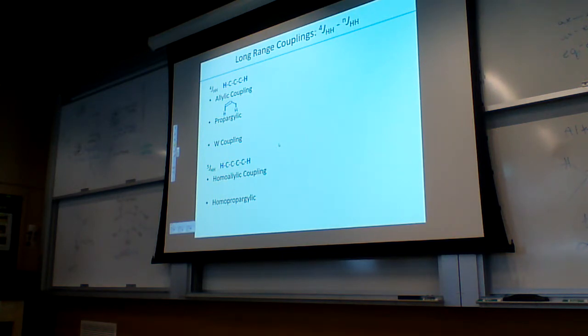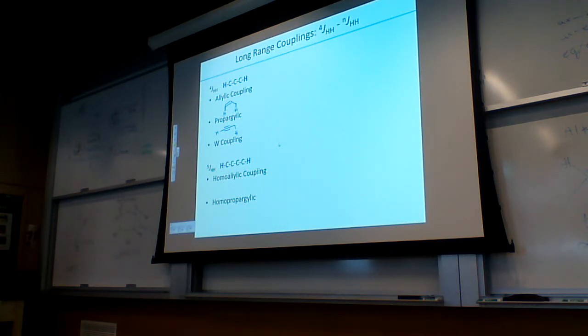So this would be coupling between a proton on a carbon of an alkene to the allylic hydrogen. Propargylic, similar, except in this case we're looking at the hydrogen that's attached to the alkyne, and then the one carbon over on the chain with a hydrogen attached to it.